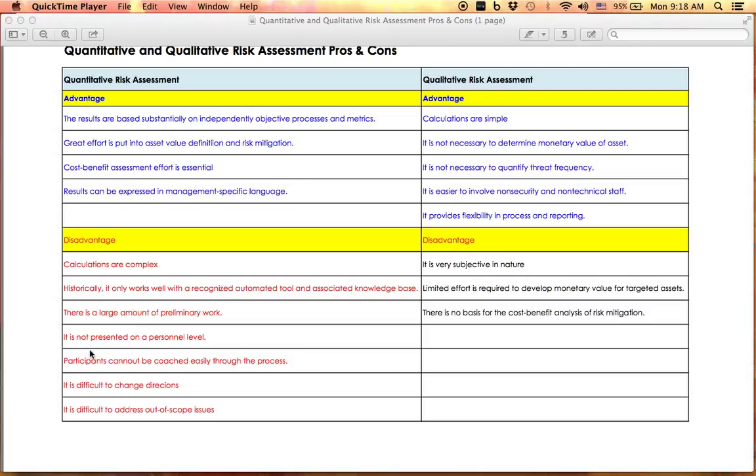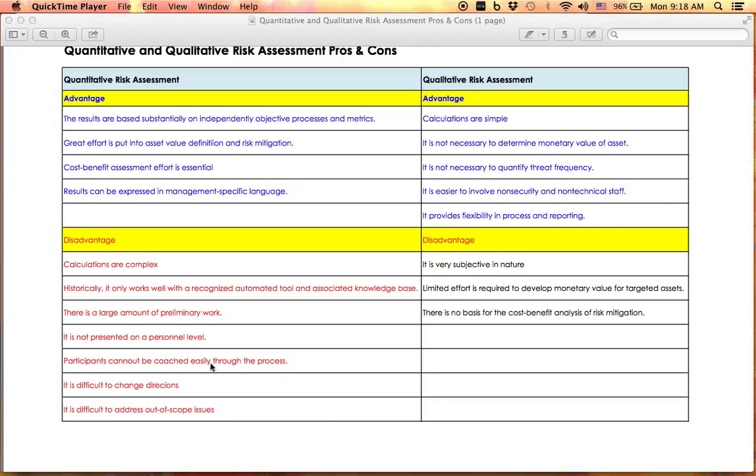The next is not present at the personnel level. This is talking about the group, talking about the core objective of the need that the auditor or risk assessor needs to assess. The next is that participants could not be coached easily through the process.